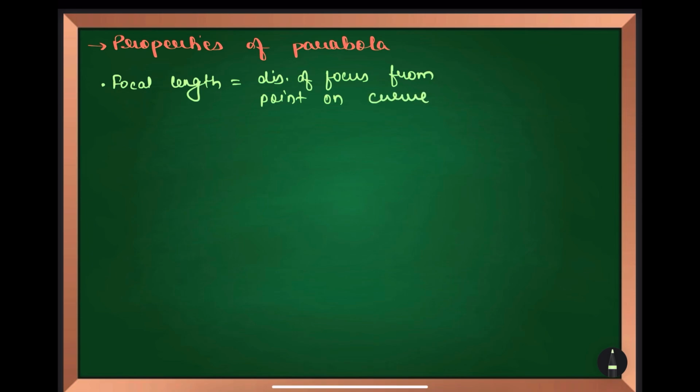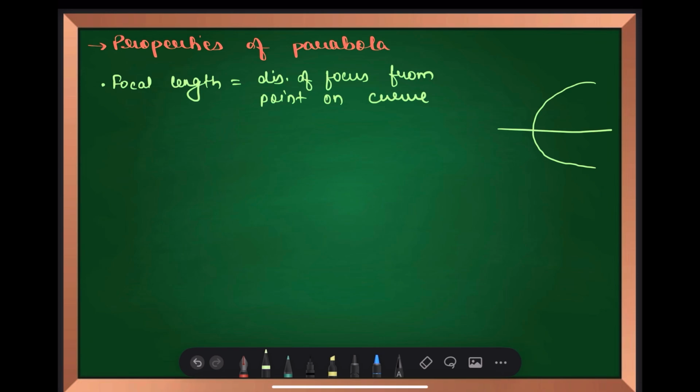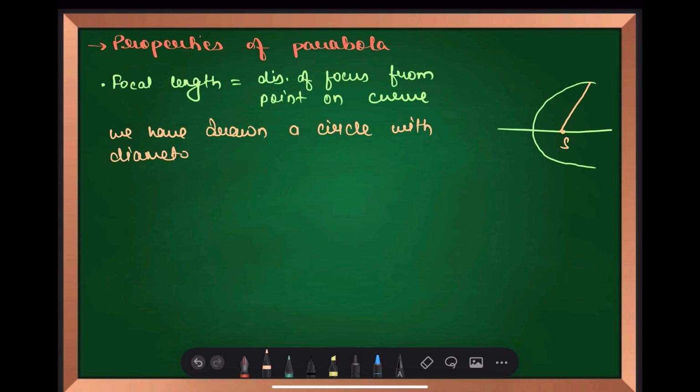Now suppose that this is your parabola, and you know that this is your focus. Suppose you are trying to draw a circle whose diameter is the focal length. We have drawn a circle with diameter as focal length.